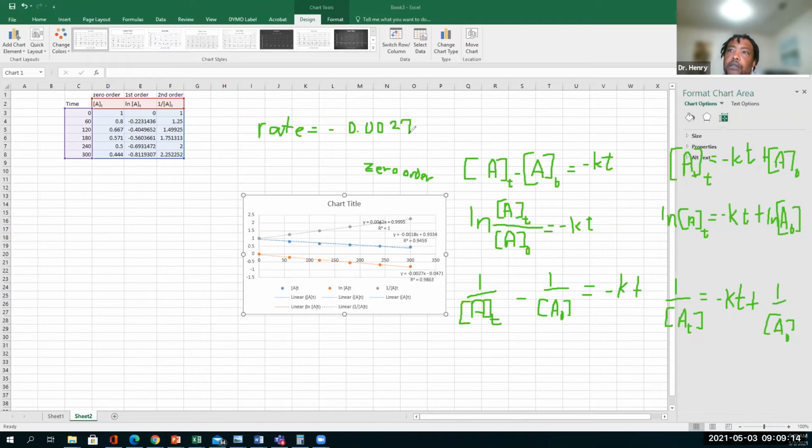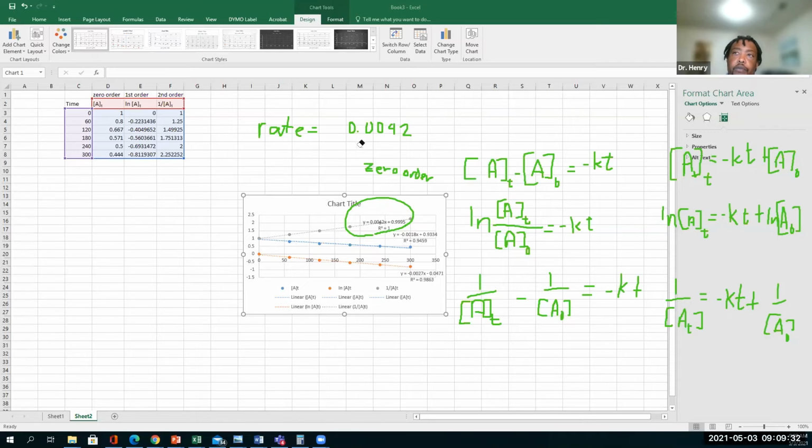Oops, sorry, remember it's the second order reaction, so it's going to be 0.0042. So that's going to be our K.